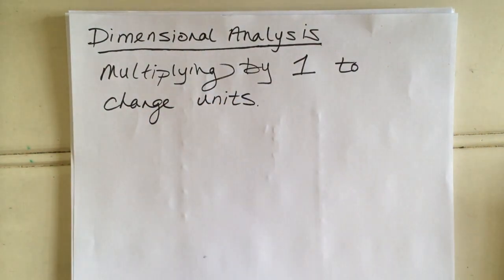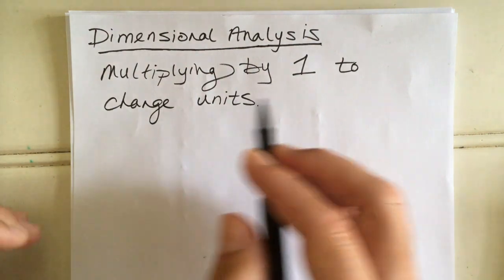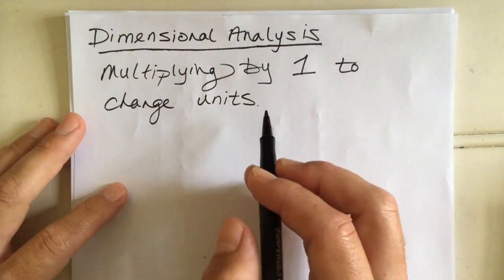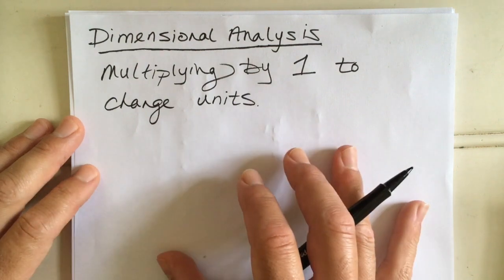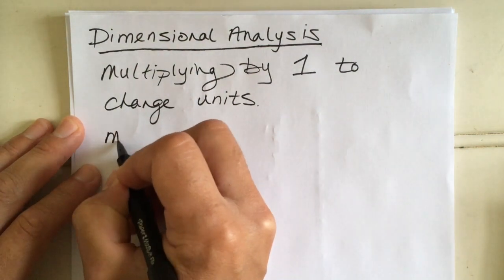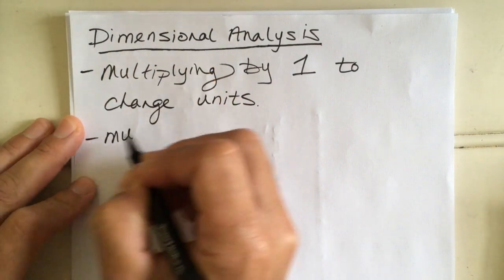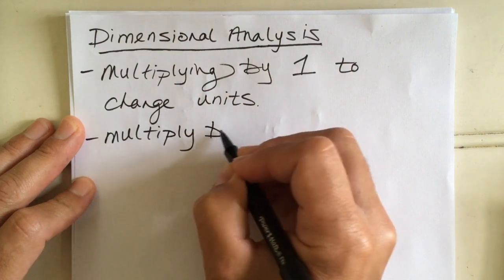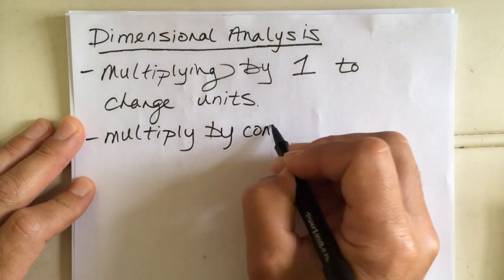So we multiply by 1 a bunch of times, and this allows us to change units by multiplying by 1 and using conversion factors. Each time we multiply by 1, we use something called a conversion factor. So we multiply by conversion factors.